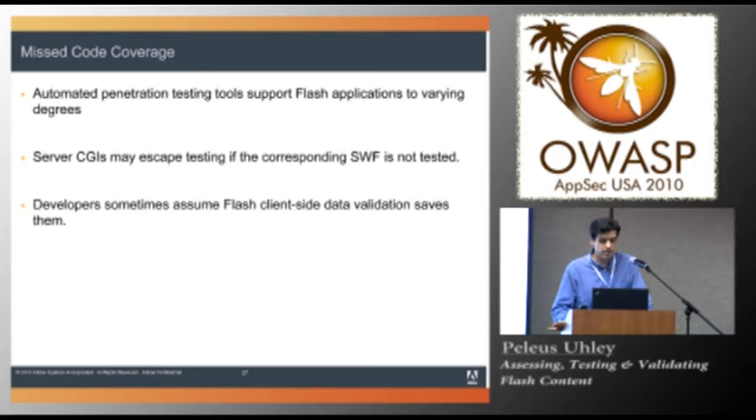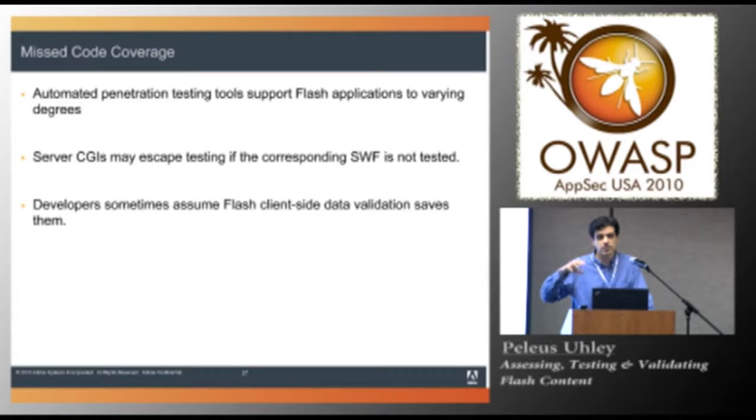Another thing to keep in mind when you're doing web application penetration tests is that automated web scanners have differing levels of support for understanding Flash content when crawling the site. So if you're using Sensic or WebInspect or AppScan or any of those types of tools, NT Objectives, they all have differing levels of support for how they handle Flash content.